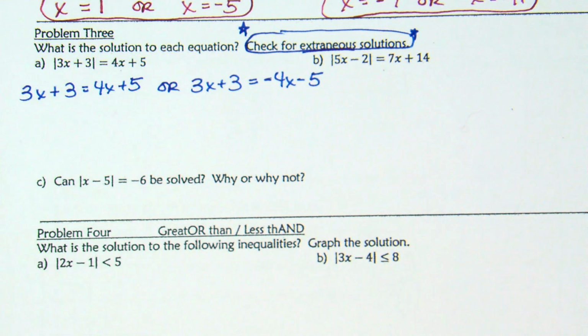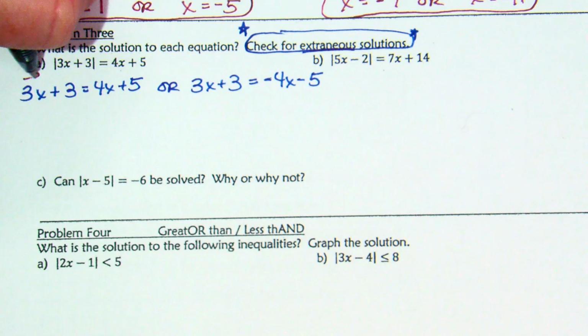She's talking about subtracting 3x from 4x, so she can keep them positive. Some of you like that, some of you hate it. Doesn't matter to me. So subtract 3x from both sides.